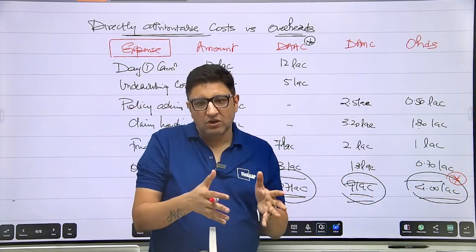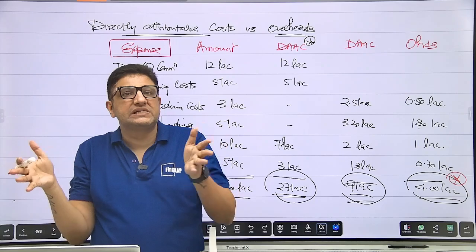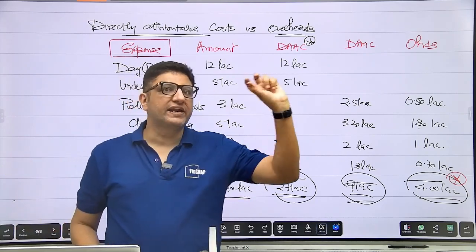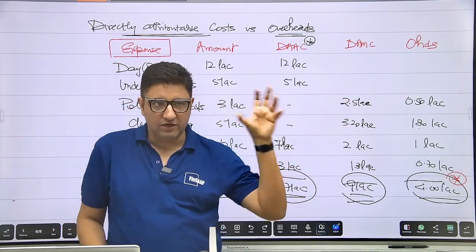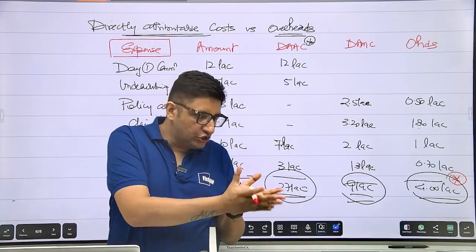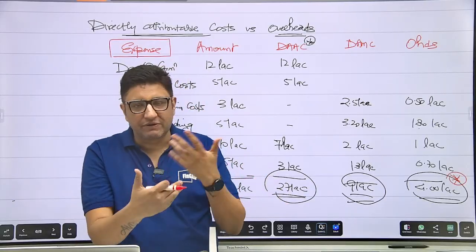This is an operational cost for the insurance company, not related to the insurance service result, not related to the insurance based profit or loss, whatever the company is making.